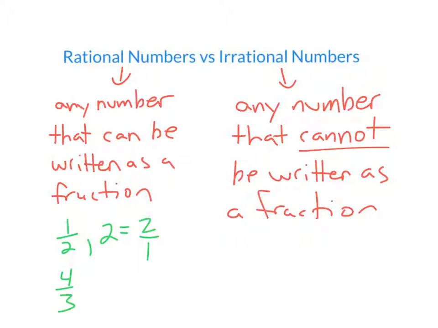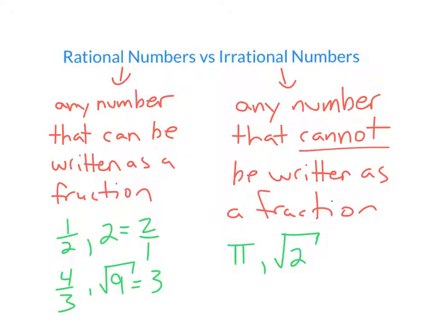The famous one is pi. And anytime you see a square root that cannot be simplified, that would also be included in your irrational numbers. Now just be careful, because the square root of 9 would be a rational number, since the square root of 9 is 3, and we can write 3 as 3 over 1.